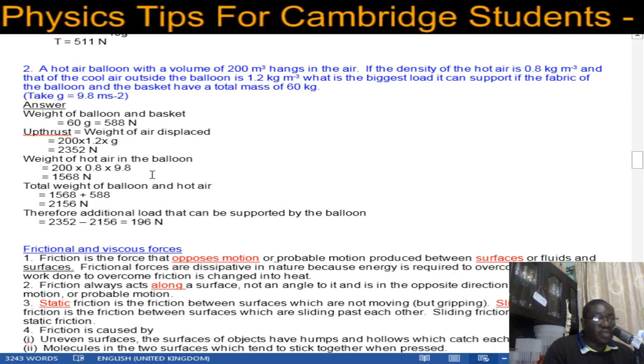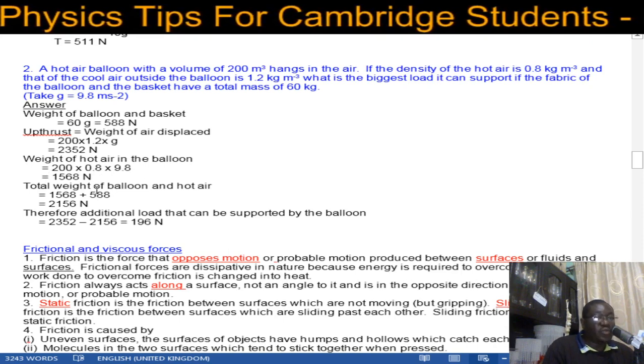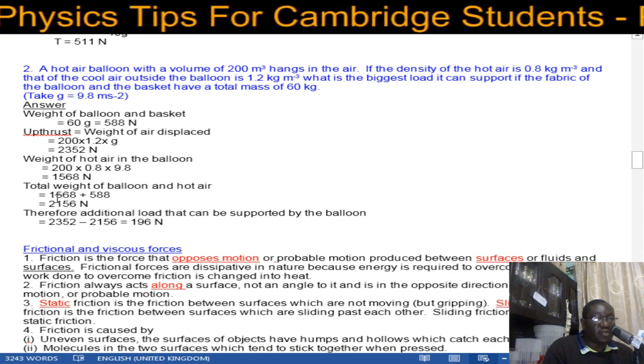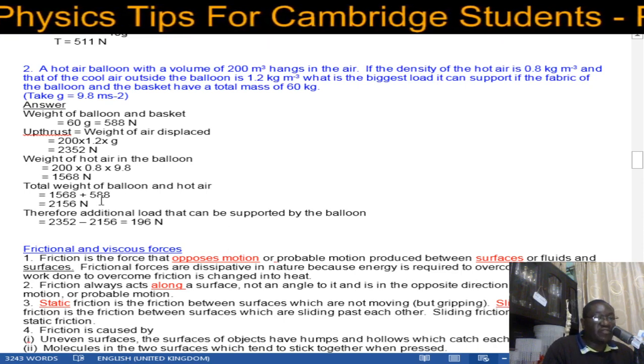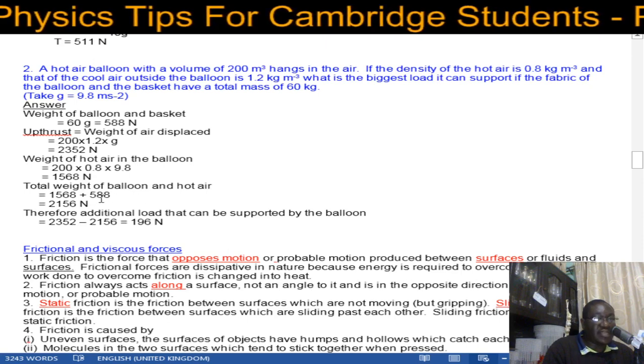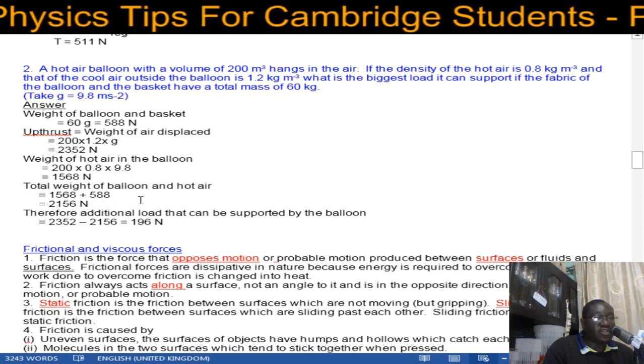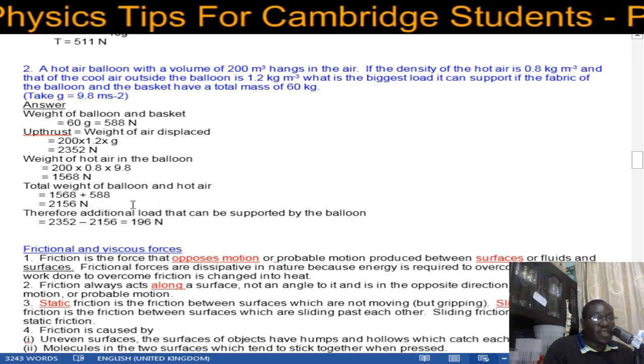Which means the total weight of the balloon and the hot air will be equal to the 1,568 of the hot air plus the weight of the balloon and the basket, which is 588 newtons. So you get a total of 2,156 newtons.